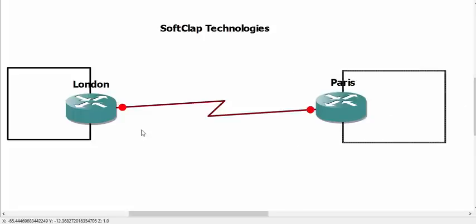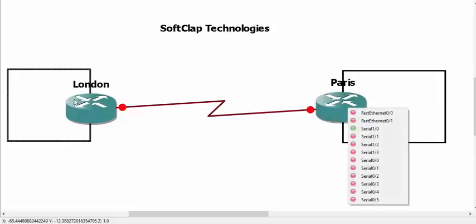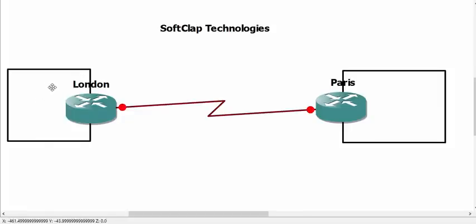Remember that you might have little computers on this side and on that side, but they will all have some local private IPs, and you might want Paris to know about London and all the networks here.